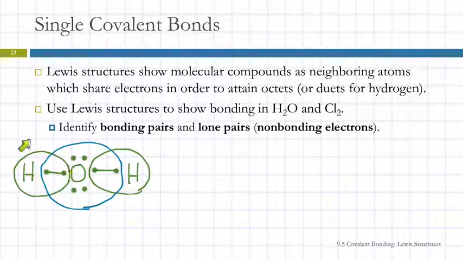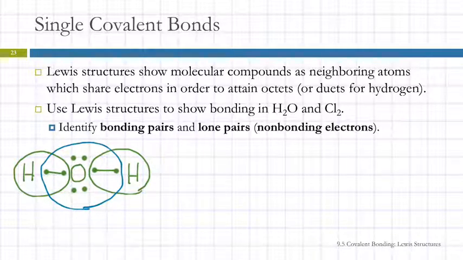So the oxygen counts all of these electrons as well. And so now it has 2, 4, 6, 8. So we would call these 2 electrons here that are being shared a bonding pair of electrons. And these electrons here being shared between the hydrogen and the oxygen, that's a bonding pair.